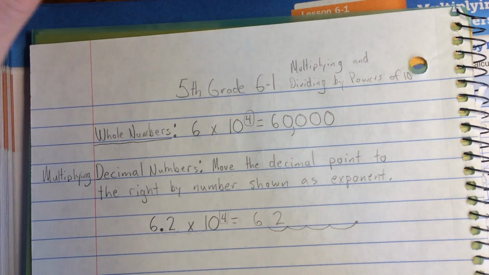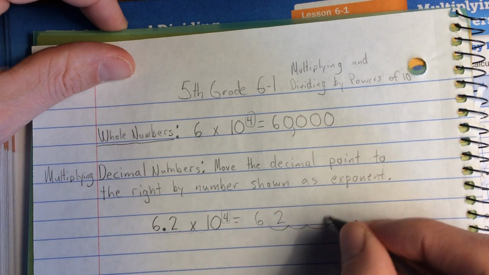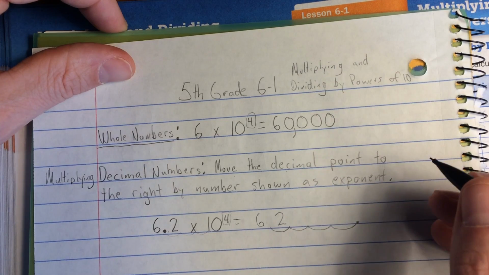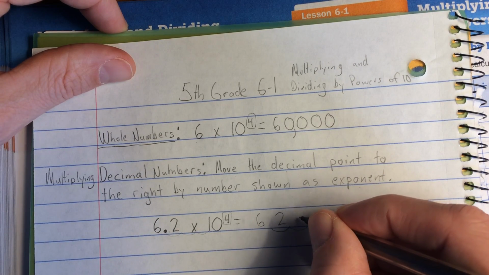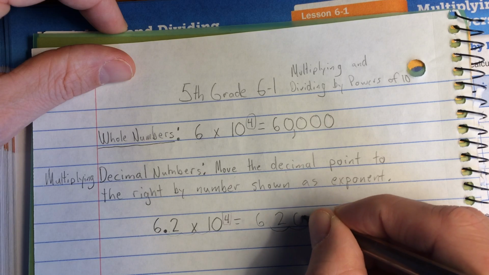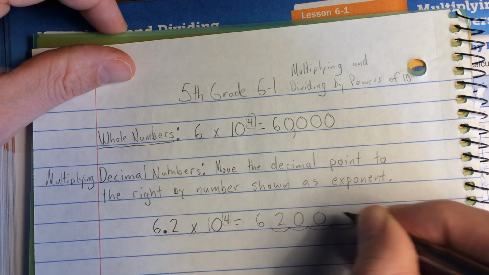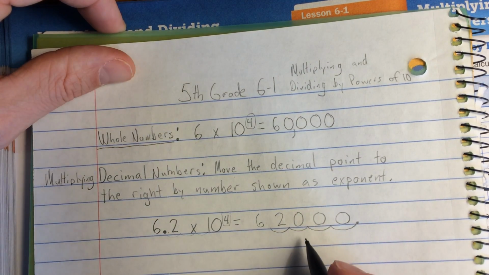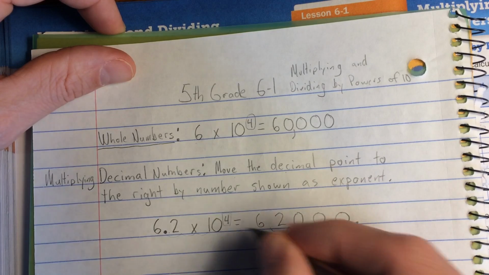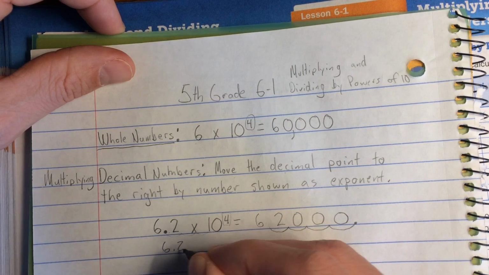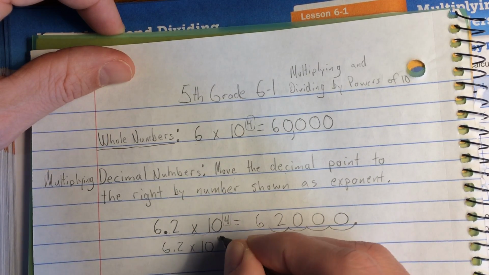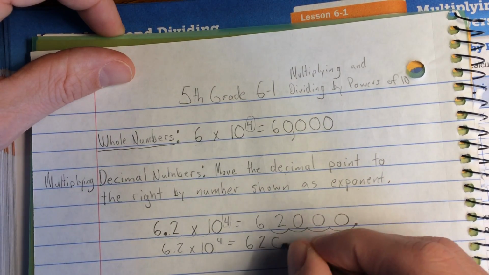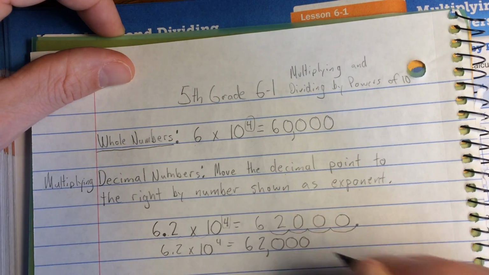And do you guys know what's going to go in these empty little clouds? Every time we see that empty space, we're going to put zeros inside of every little cloud opening there. So your new answer should be, I'll rewrite it, 6.2 times 10 to the 4th. It's actually 62 thousand.